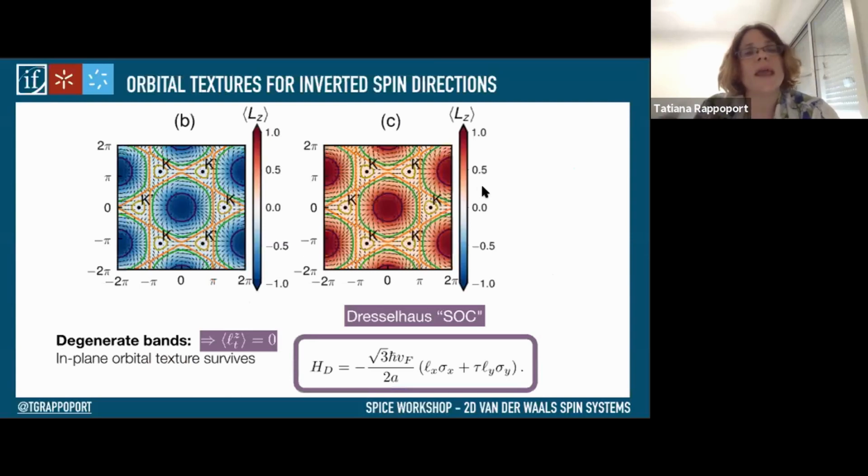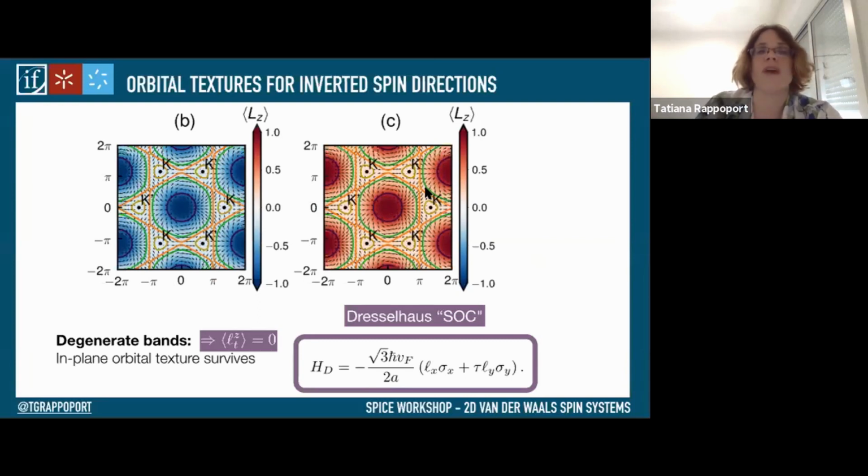Well, when we take the spin-orbit coupling into account, of course, if we don't break sublattice symmetry, we have degenerate states. And if we look at the textures of spin up and spin down states, we see they are very similar, but the Lz orientation is opposite. So if we consider the two states, we don't have an Lz contribution, but the in-plane orbital texture for the two spin contributions is exactly the same.